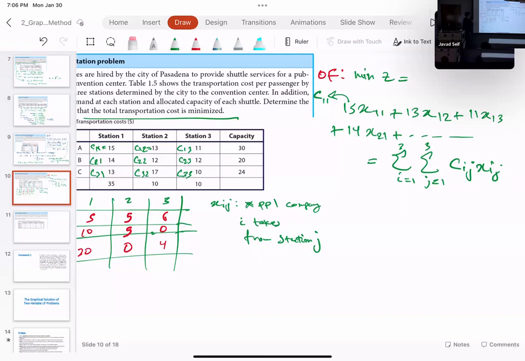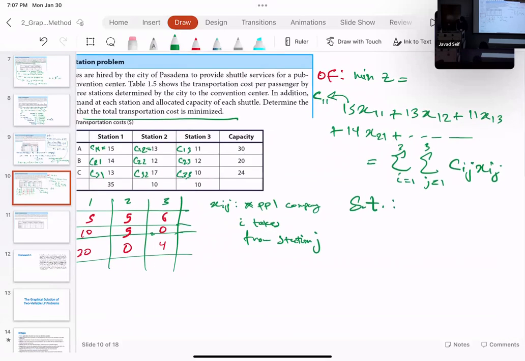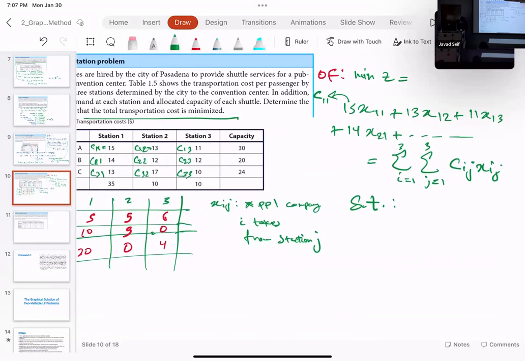Okay. Let me write the demand. So this is subject to demand for station one. The sum of these should be greater than or equal to 35.